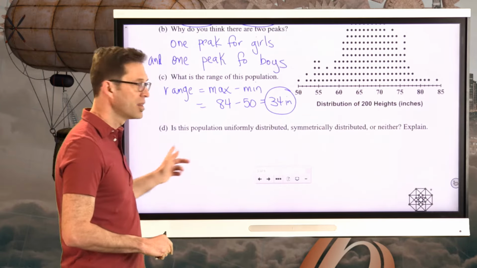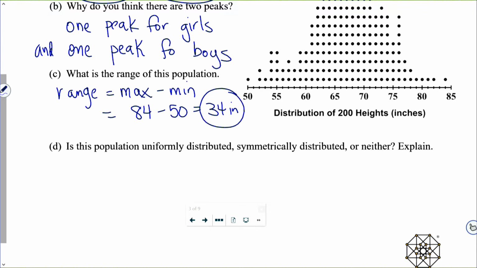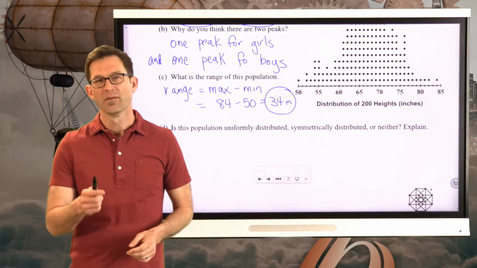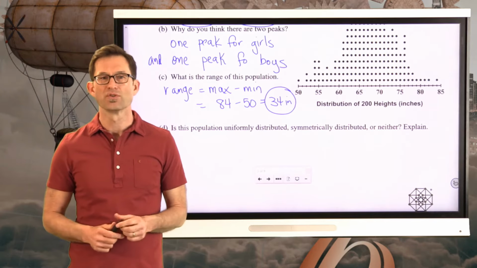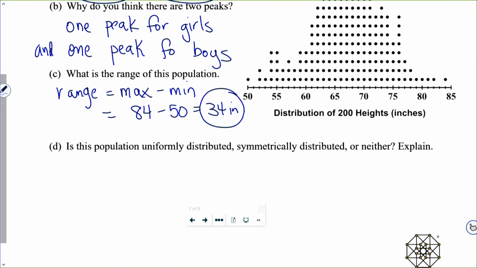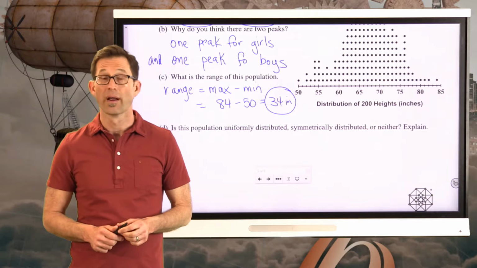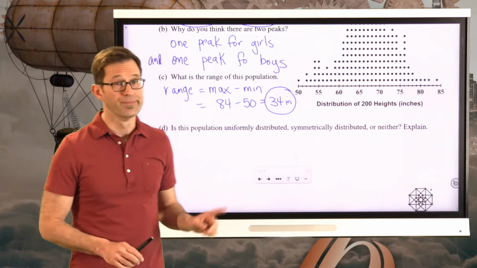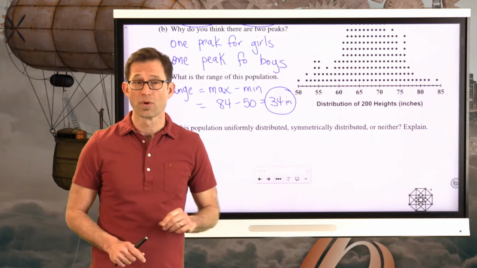Now, letter D, a little bit about shapes of the distribution. Is this population uniformly distributed, symmetrically distributed, or neither? Explain. All right, pause the video now and tell me what you think. All right, well, one thing I can say for certain, it is definitely not uniformly distributed, right?